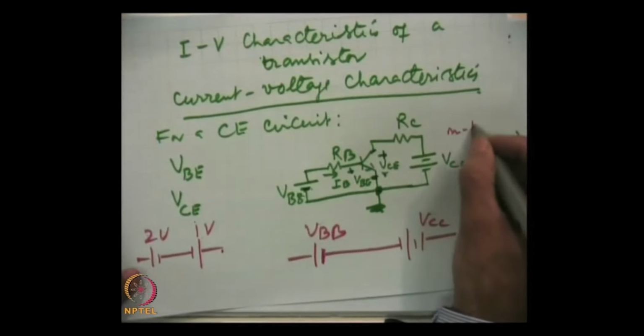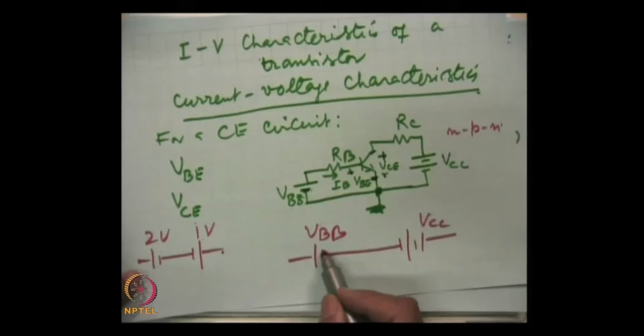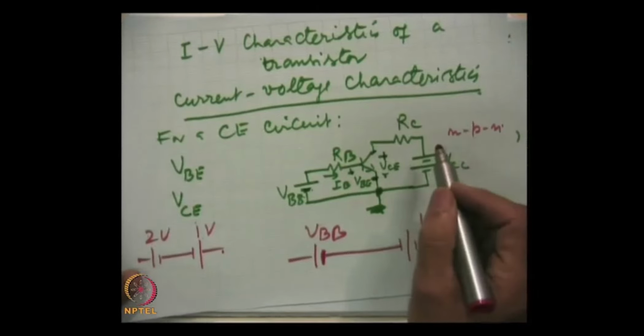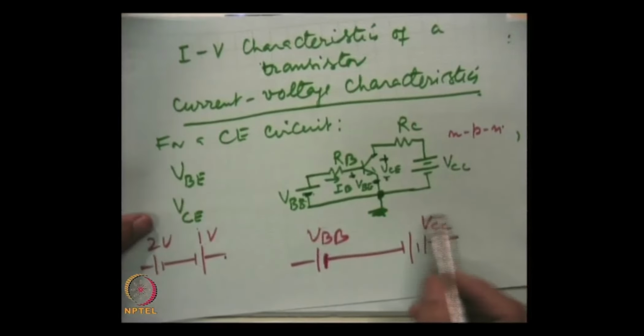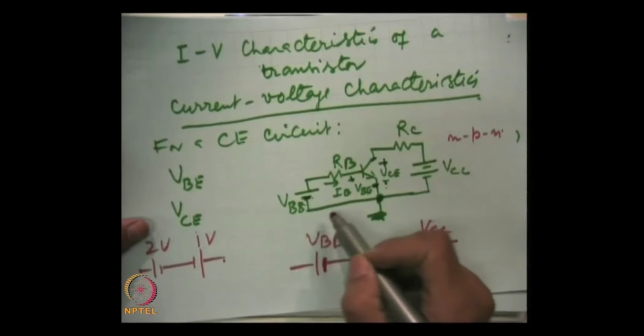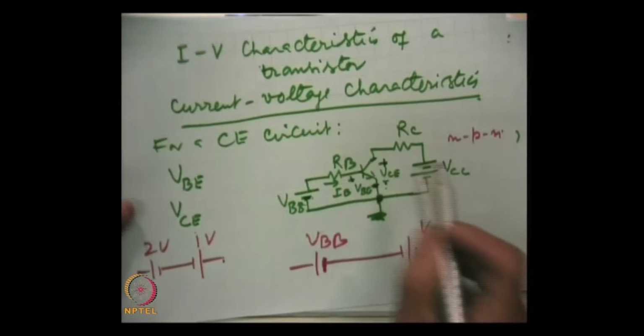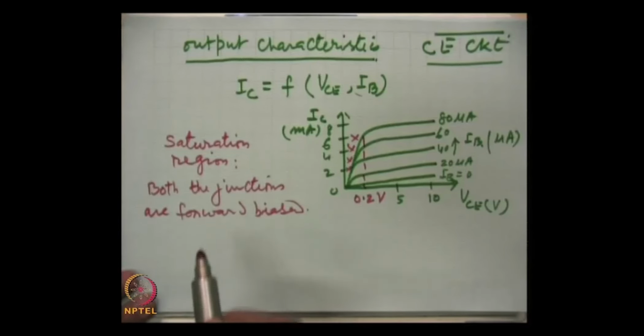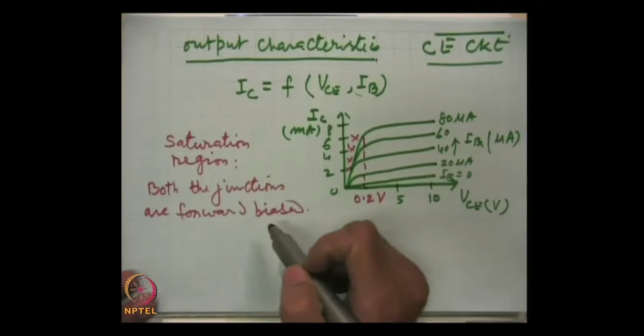This is negative, and when this is small, this battery will be dominating, and hence this is negative. This is an NPN transistor, the collector is N type. When it gets the negative battery connection, it becomes forward biased. So, for very small values of this VCE, this battery will forward bias this junction. That is why I have mentioned that both the junctions in the saturation region are forward biased.